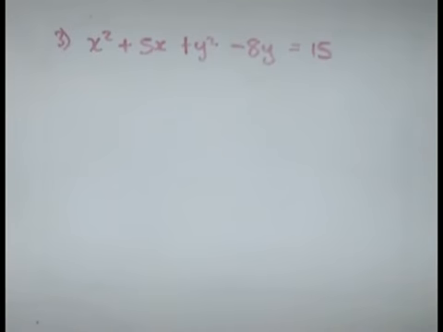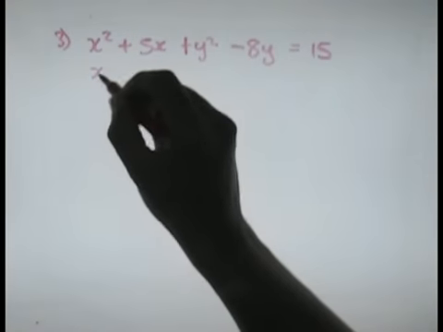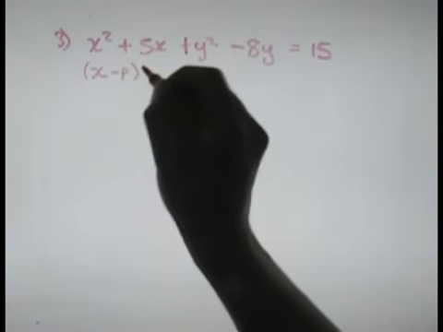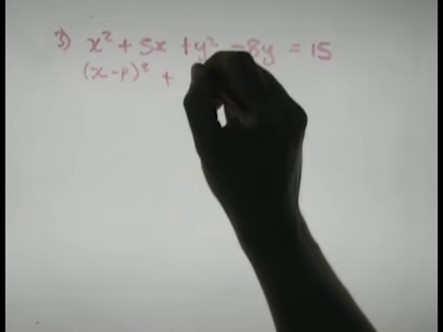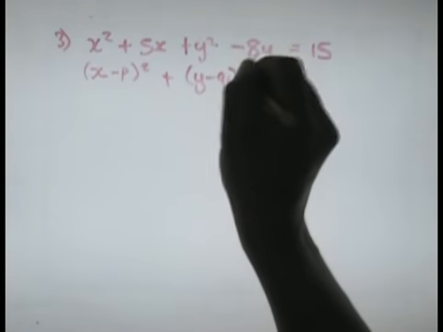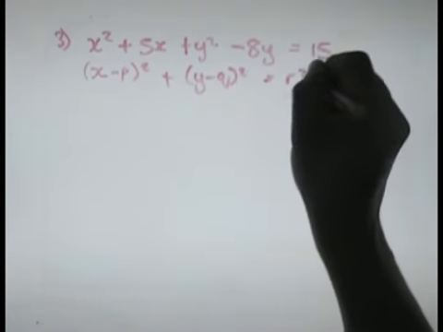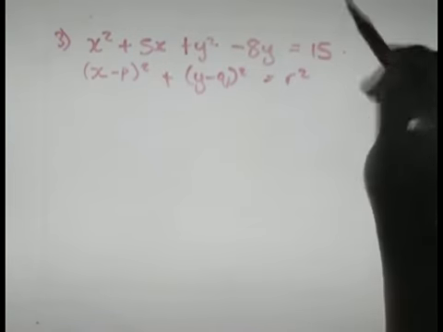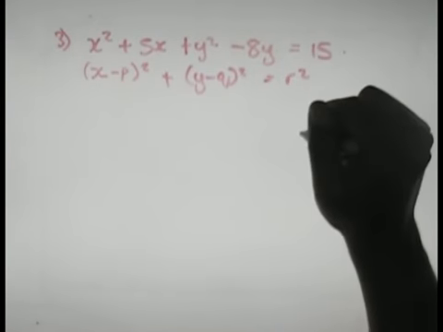Number 3 that I gave you to do read x squared plus 5x plus y squared minus 8y is equal to 15. There is a slight problem with this. More than a slight problem, there's a big problem. We want it in the form (x minus p) squared plus (y minus q) squared is equal to r squared. This is definitely not in that form.